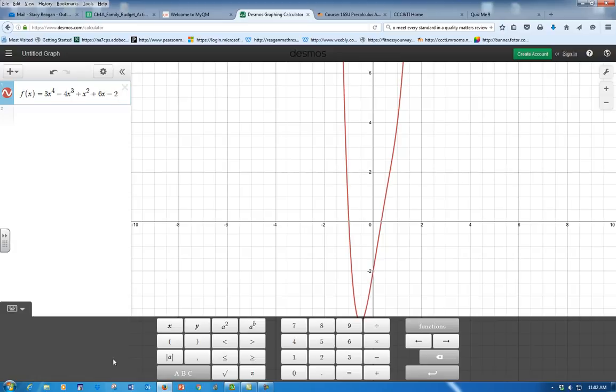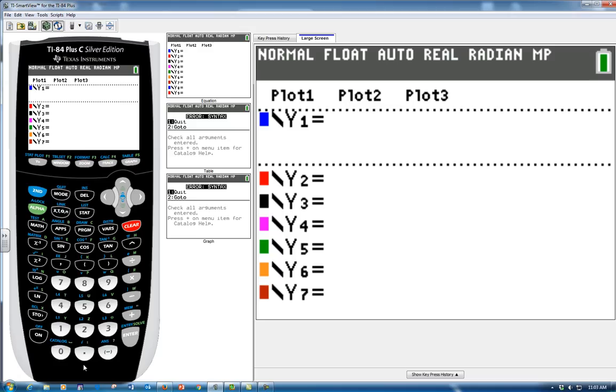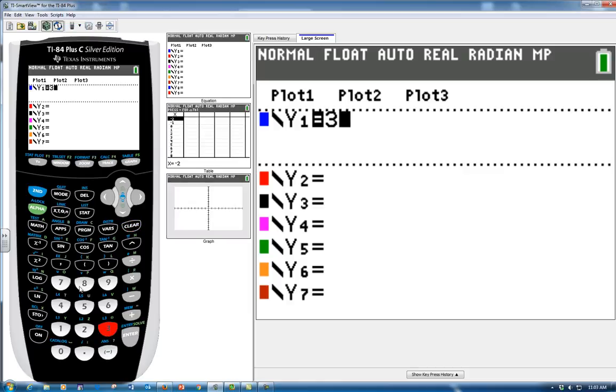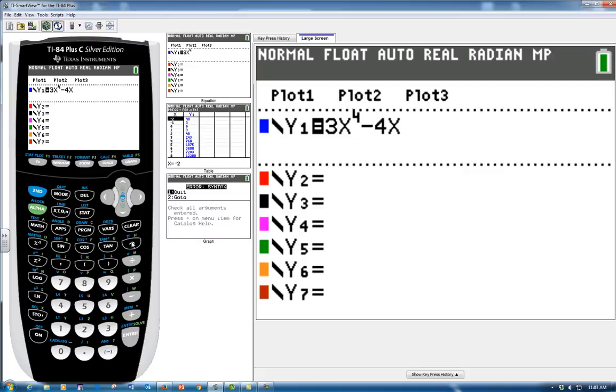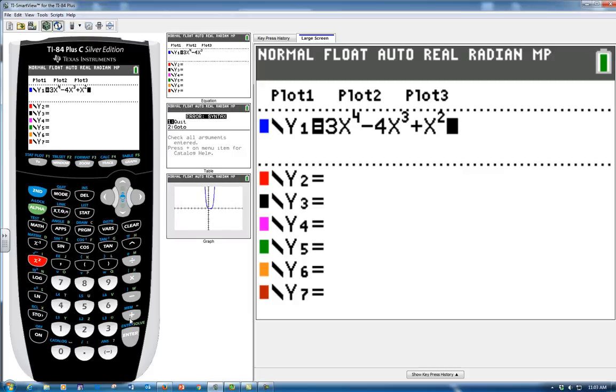Now, if we were on our calculator, let me pull up the calculator. So we would type it in just like we did the other one. So 3x to the fourth minus 4x cubed plus x squared plus 6x minus 2.